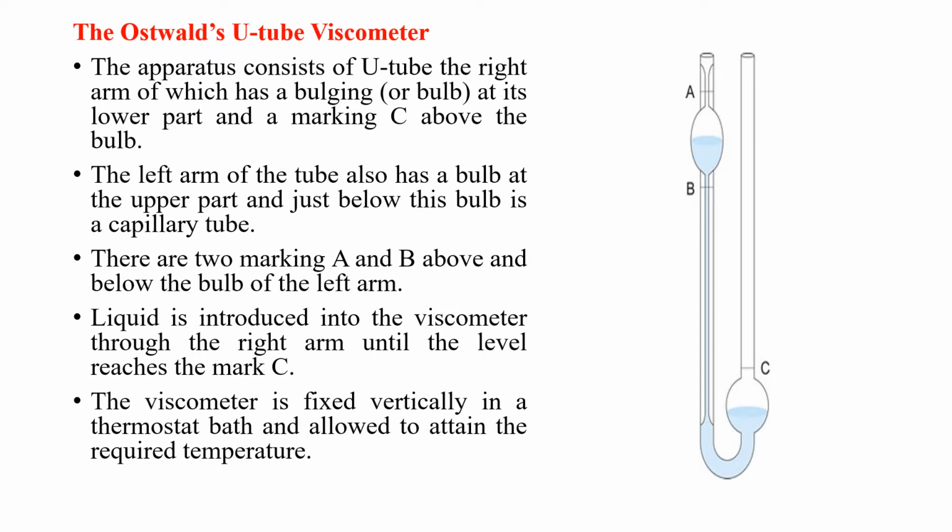We have two marks, A and B, above and below the bulb. On the other arm, we'll see a bulb which acts like a reservoir with the mark C. Now, the sample of which we are supposed to determine viscosity is placed in the arm having the bulb C. With the help of a pipette, we'll be pouring the liquid through this arm.